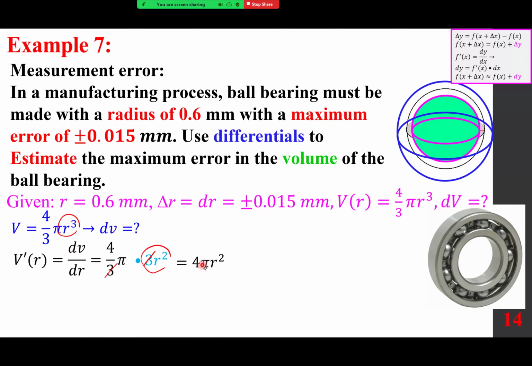Now this is V prime of r, or dV/dr, therefore dV is the product of these two. dV is 4 pi r squared dr. And if we plug in r as 0.6 millimeters, dr plus or minus 0.015 millimeters, put it into a calculator.